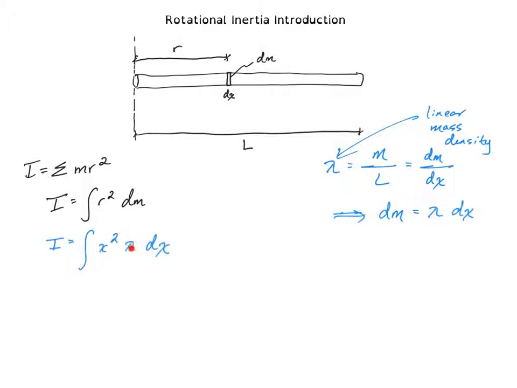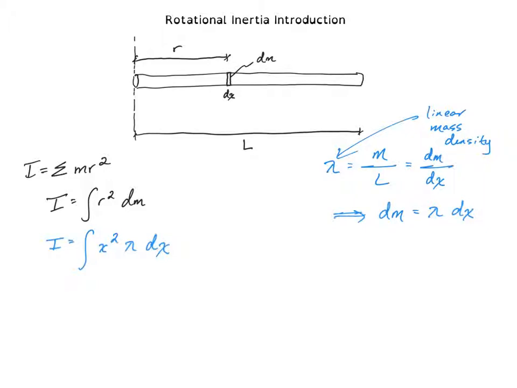This x squared, I just plugged x in for r. This x is still r, but it makes it a little clearer to see with this integration. I could have called dx dr. It doesn't really matter, as long as we know that we're now integrating with respect to x in this formula.